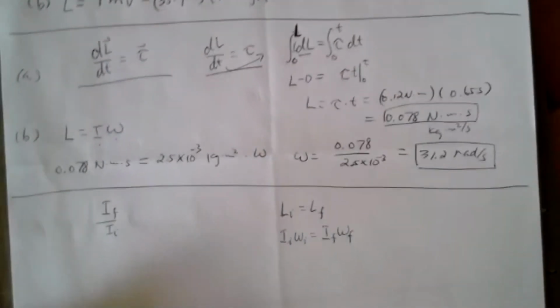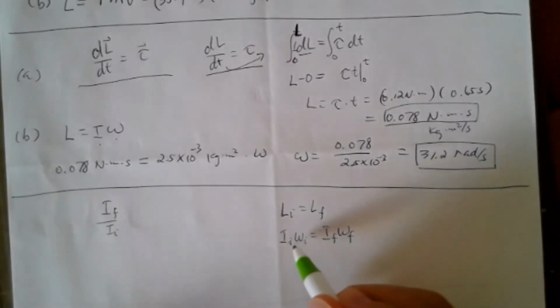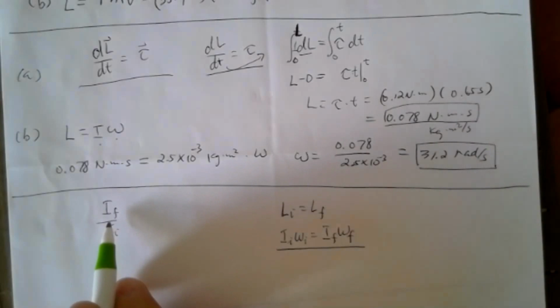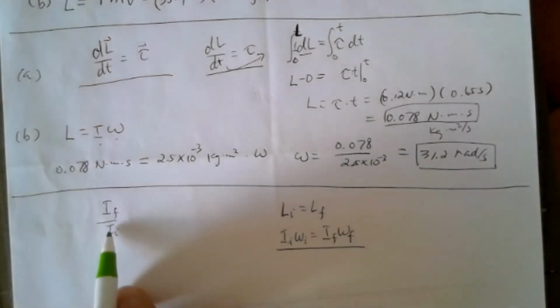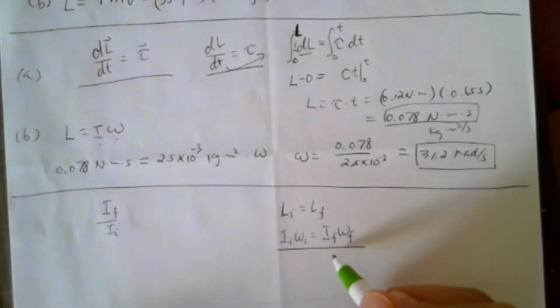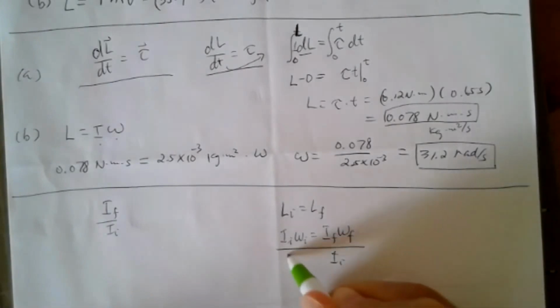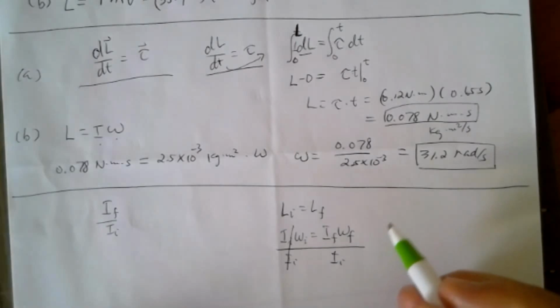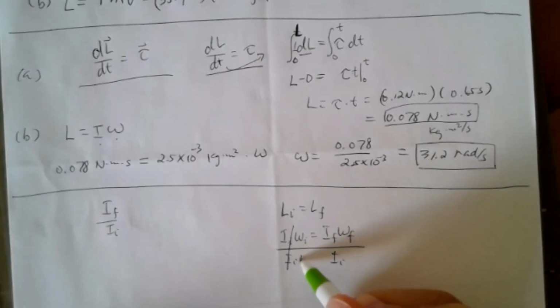All right, so we can take a look here. You're going to use this equation and you're looking for I_f over I_i, so you just isolate that. Divide both sides by I_i, which gets rid of I_i on this side, and then divide both sides by omega final.